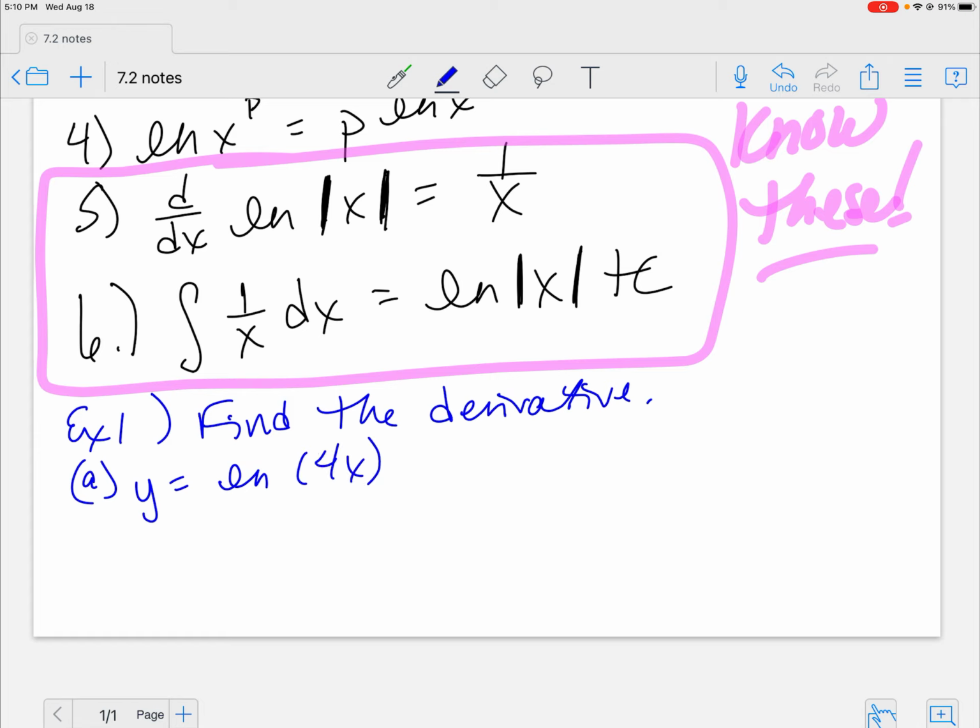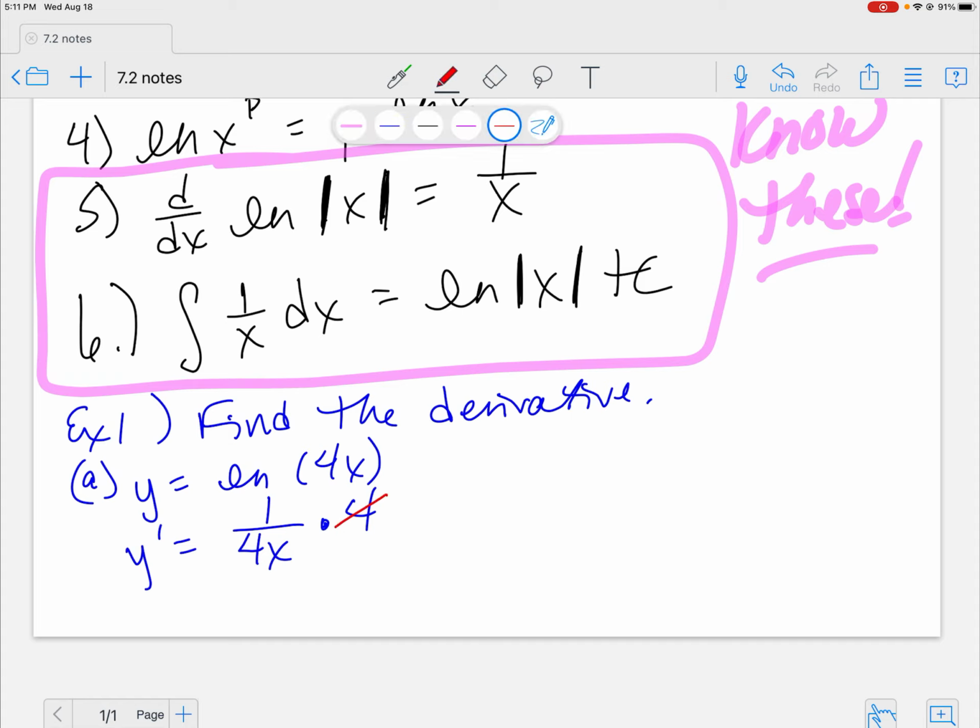So the chain rule is valid no matter what you do, right? So if I take y prime here, this is going to be 1 over the inside function, because the derivative of the natural log here is 1 over x, which is the inside function. So I take this inside function, and then the chain rule tells me I have to multiply by the derivative of the inside.